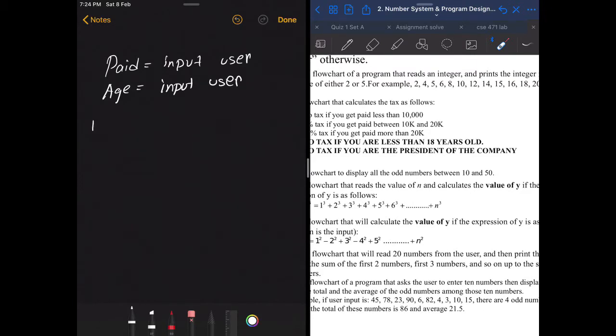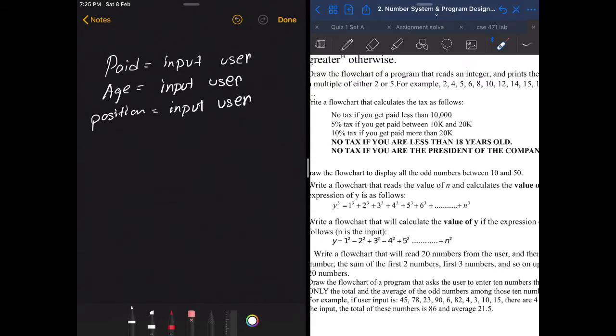So that would be his designation or position. That would also be an input from the user. So now we understand that we need 3 decision boxes, and each of them would define the range of the tax, or if a person would get a tax in the first place or not.